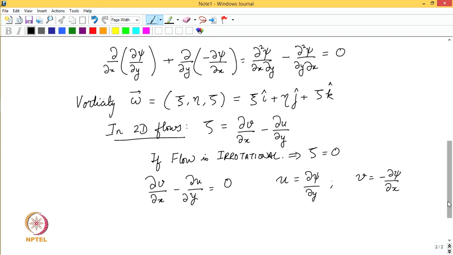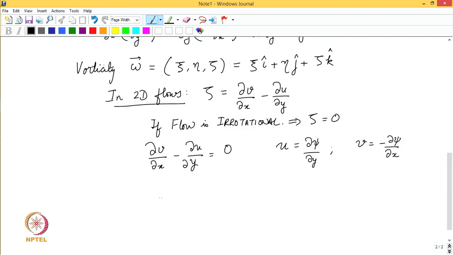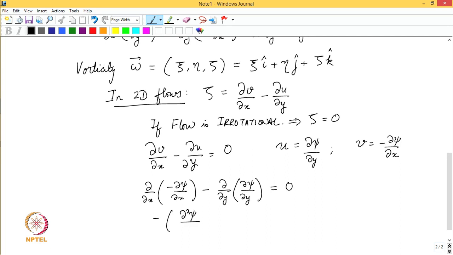So, if you plug it into the definition of zeta, we get d by dx of minus d psi dx minus d by dy of d psi dy to be 0, and then if we take it one step further, we will get minus of d2 psi dx square plus d2 psi dy square is 0.